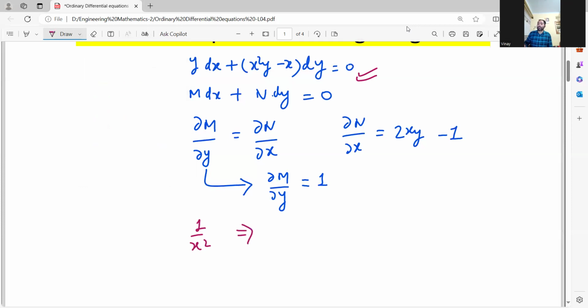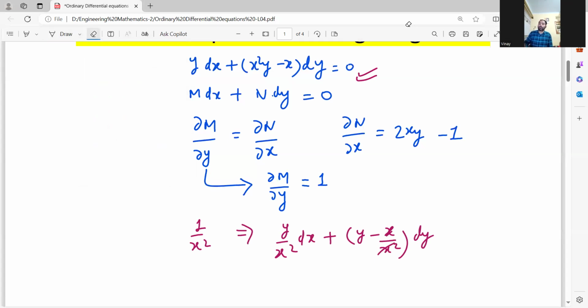What will you get? y by x square dx plus (y minus x upon x square) dy, which simplifies to (y minus 1 by x) dy, equal to 0.